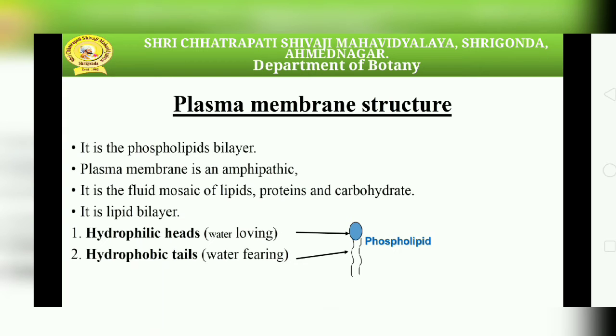The first one is the hydrophilic heads, which is the phosphate head, which is polar, that is water loving. In the picture you can see. Whereas the hydrophobic tails, which are fatty acid tails, are non-polar, that is water fearing. So it is known as a phospholipid layer.